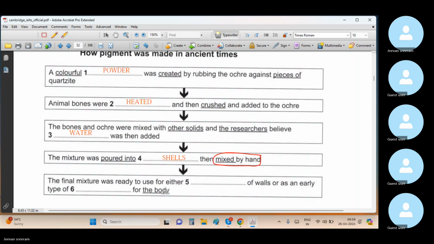Apart from preparing colors, what are the other purposes ochre can be used for? Skin protection and all, right? Can we write skin protection of walls? No. Please check the related information and try to come up with suitable words for these two blanks.